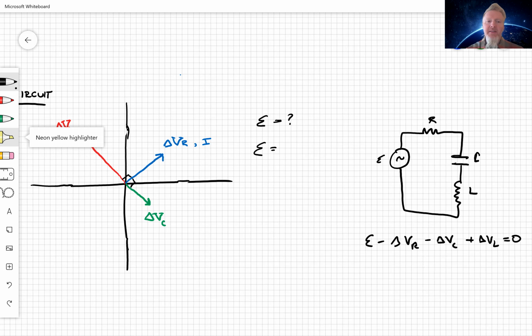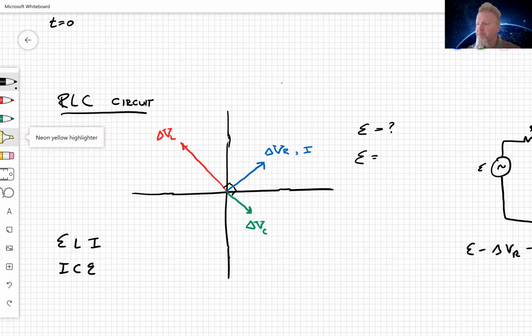What does that mean over here with the phasor diagram? What it means is that you add these vectors.